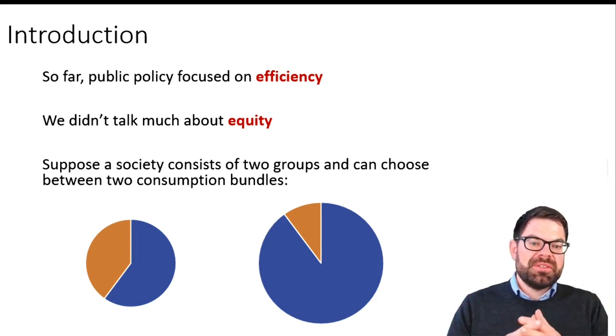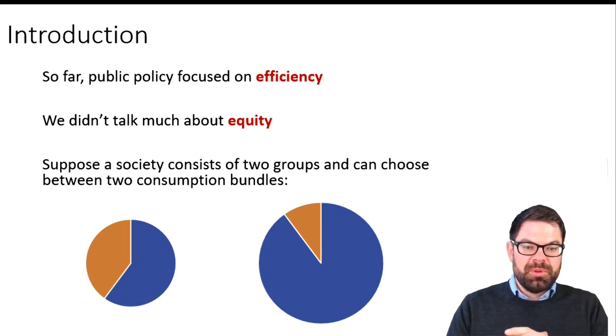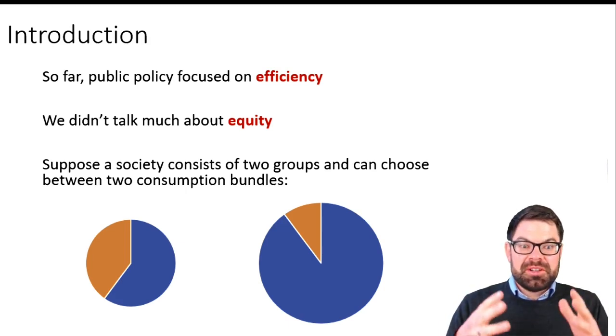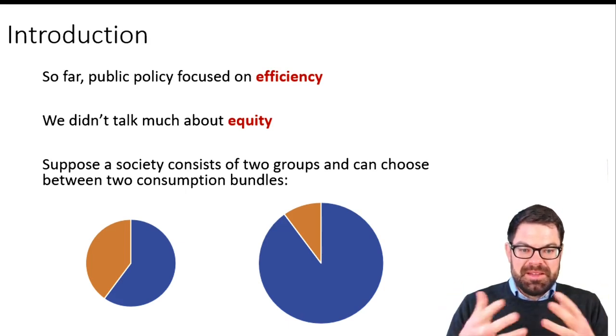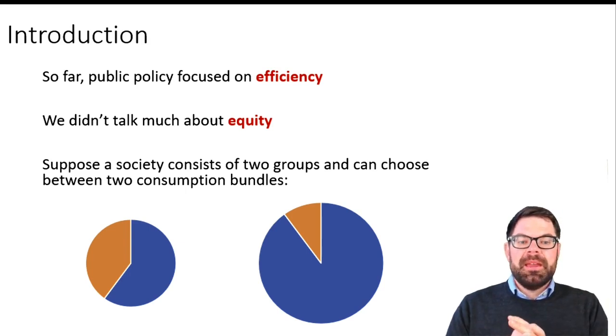And we've learned through the first welfare theorem that free markets can actually maximize the pie. It leads to an efficient outcome.